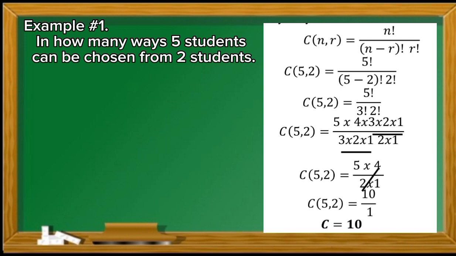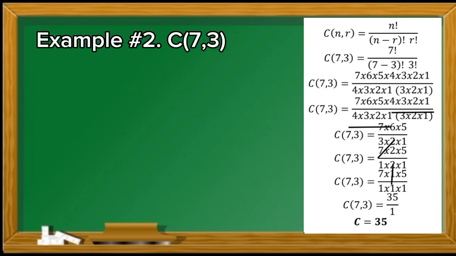So we cancel out, the 4 becomes 2 and the 2 becomes 1. So 5 times 2 is equal to 10 and 1 times 1 is equal to 1. So the combination of 2 students chosen from 5 students is 10.